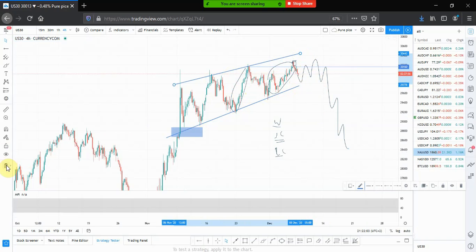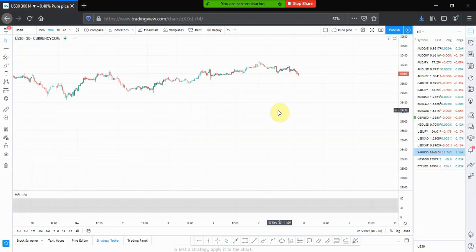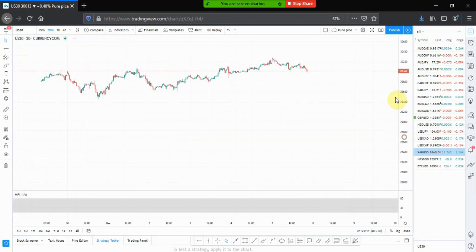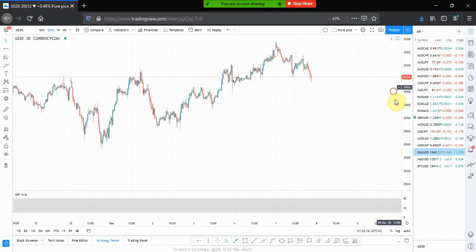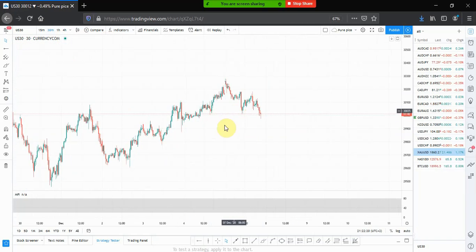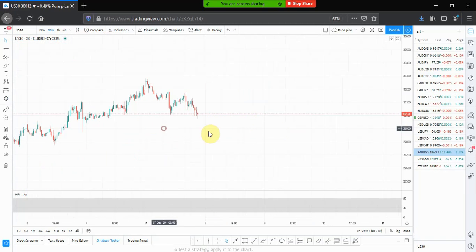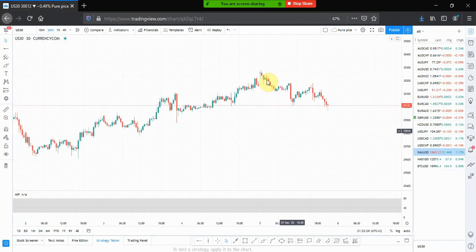So okay, let me just go to the lower time frame and see if there is any action that can be taken immediately. So here is the lower time frame. You can see in the lower time frame that it is now clear that we really do have a downward reversal move here.